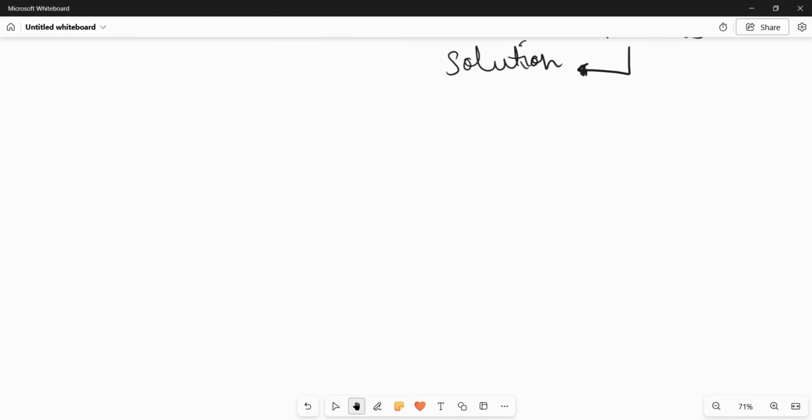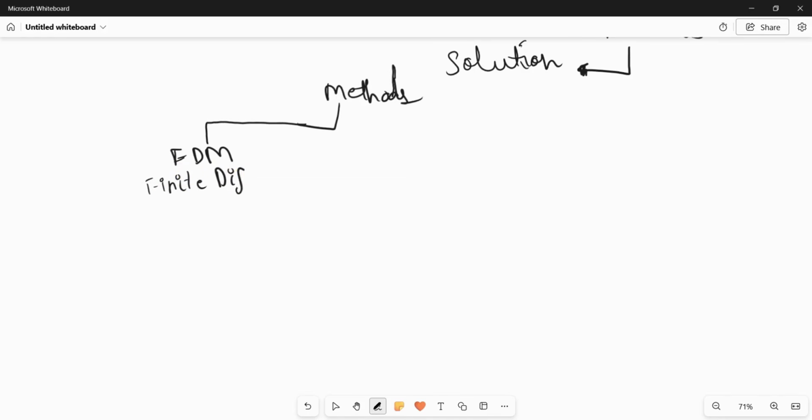So now getting into methods of CFD. You have three methods. I'll just write methods. Number one being FDM, that is finite difference method. Then you have your FEM, that is your finite element method.